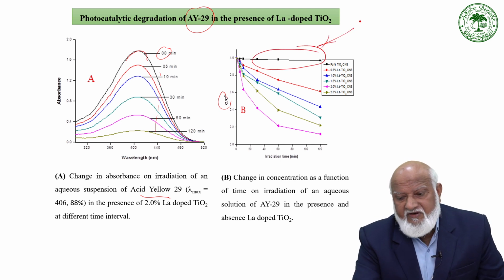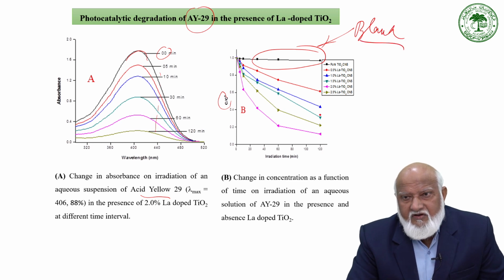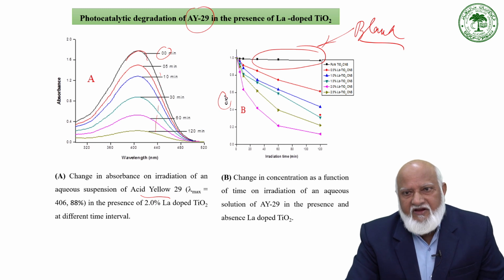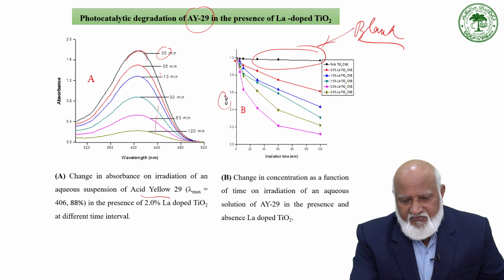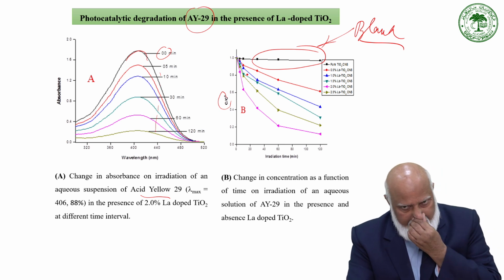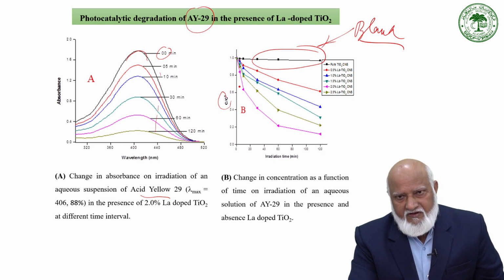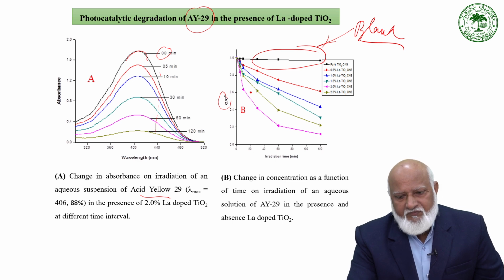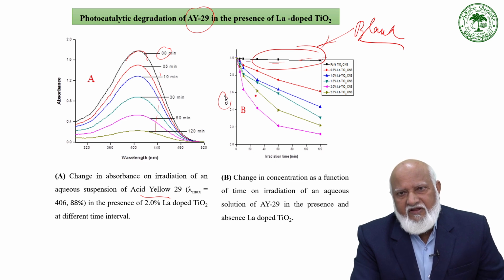This is a blank experiment, where all conditions are the same except the light. So there is no catalyst, but cooling is there, stirring is there, bubbling is there. You can see that there is literally no change in the concentration of the dye when the light is off.